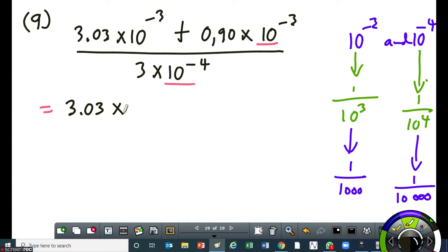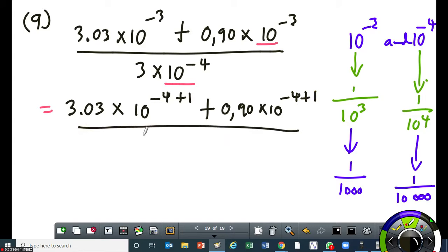Okay, I understand now, sir. Okay, so here I can write this 10 to the power of minus 3 as 10 to the power of minus 4 plus 1, because minus 4 plus 1 will give me negative 3, plus 0.90 times 10 to the power of minus 3, which I also need to write as minus 4 plus 1, all over 3 times 10 to the power of minus 4.